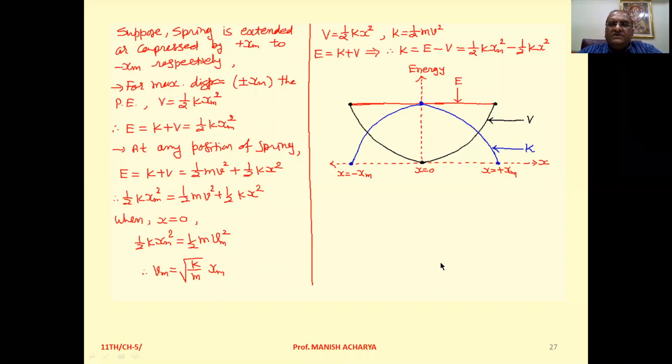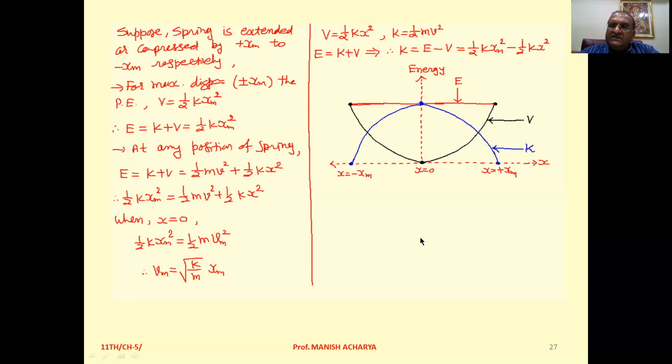Now we have to discuss how the kinetic and potential energy change for the spring force and how the total mechanical energy remains constant, and we have to plot the graph of these energies versus displacement. Now see, we already proved this thing.